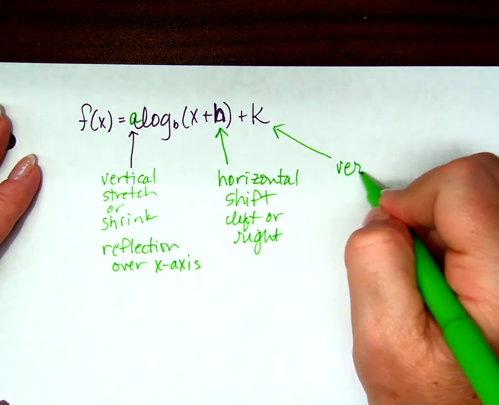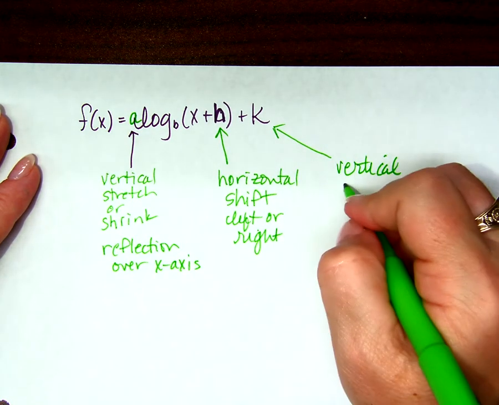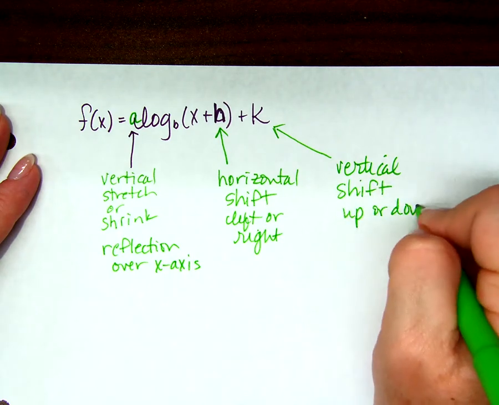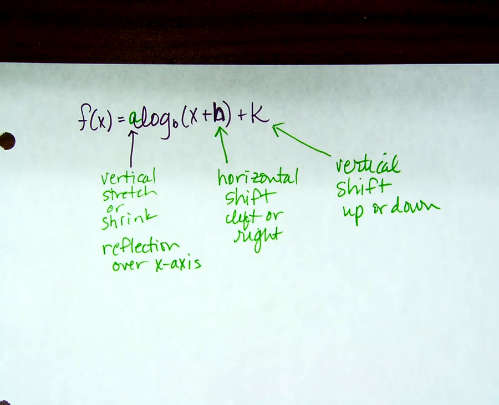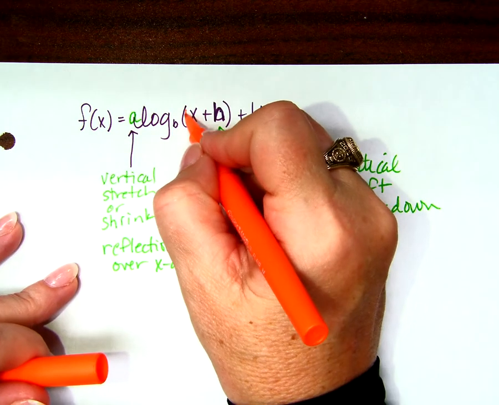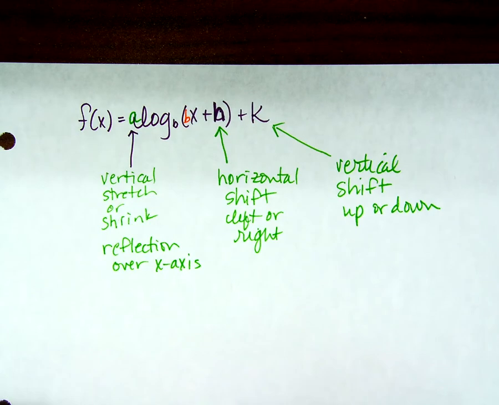What about the K? Now, I did forget one. It goes right here. If it's a multiplier on the inside, what do you think that's going to cause?